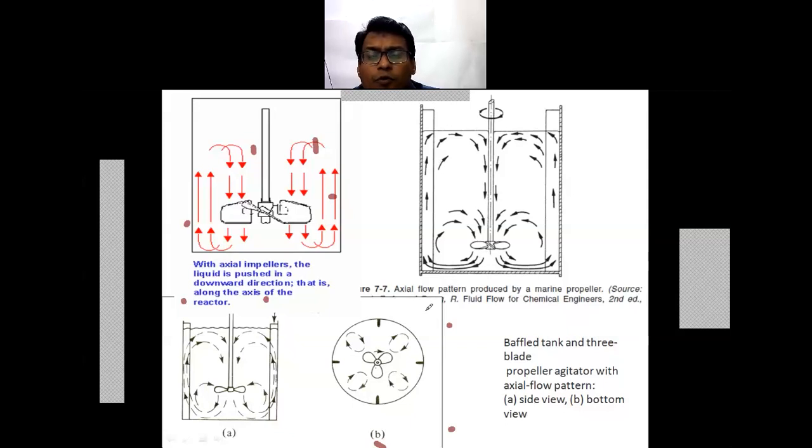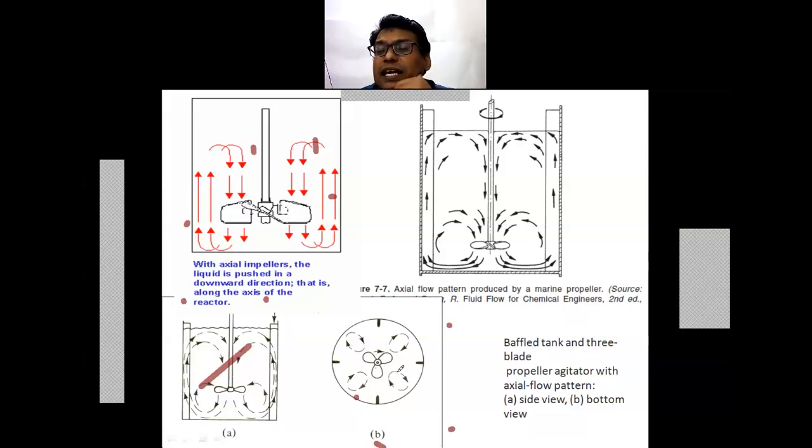Now, if you provide the baffles, in figure B there is a bottom view, and these are your side views. In this bottom view, you observe four different loops developed in the individual sections of the baffles. Generally, four baffles are used, and individual loops are generated between two baffles.